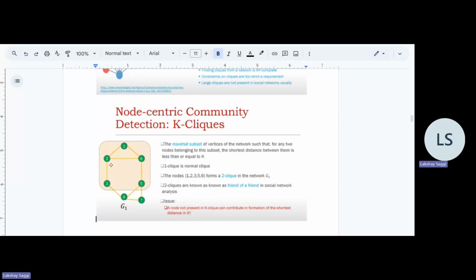Similarly, between the vertices 2 and 5, the shortest distance is 2, going from 2 to 6 and 6 to 5. And similarly, the shortest distance between the pair of vertices 3 and 5 also is 2, and the shortest path is from 3 to 4 and 4 to 5.